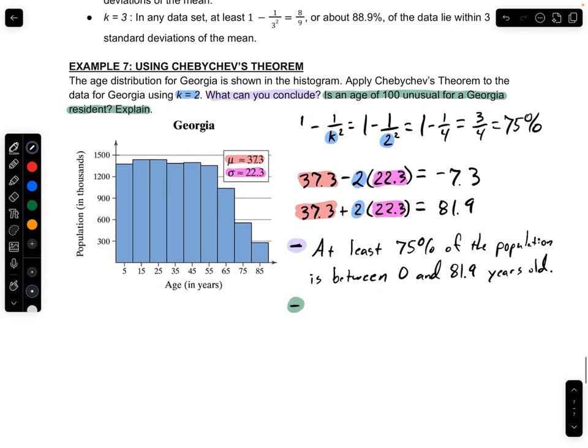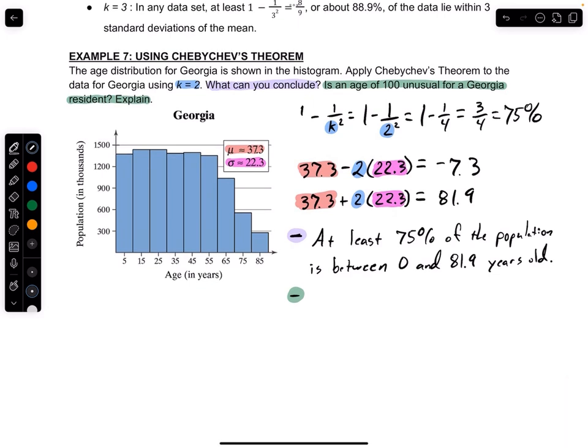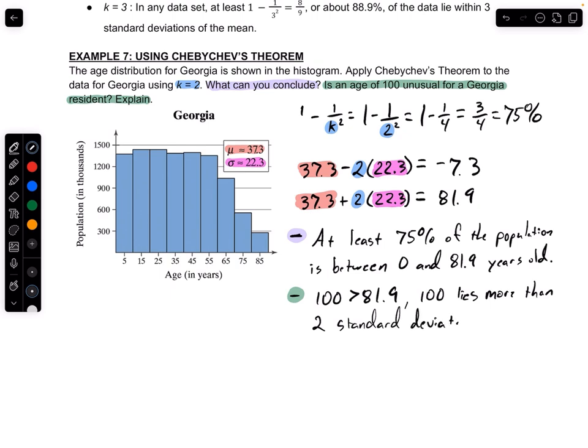So if we go back to the problem, is an age of 100 unusual for a Georgia resident? Well, 100 is definitely outside of that range. The range of 2 standard deviations went from 0 to 81.9. Since 100 is greater than 81.9, then 100 lies more than 2 standard deviations from the mean.